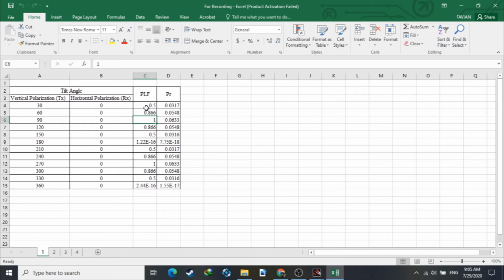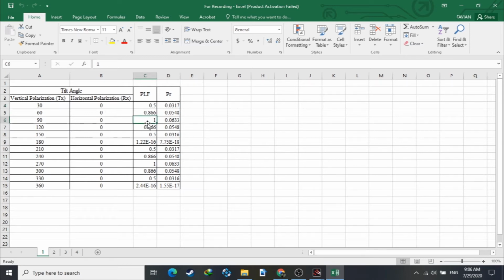So what does it mean? What do 0 and 1 mean? As you can see, in this vertical polarization, the first polarization, if we have 0.5, the power received is about this value in here. 0.0 is about 0.03.